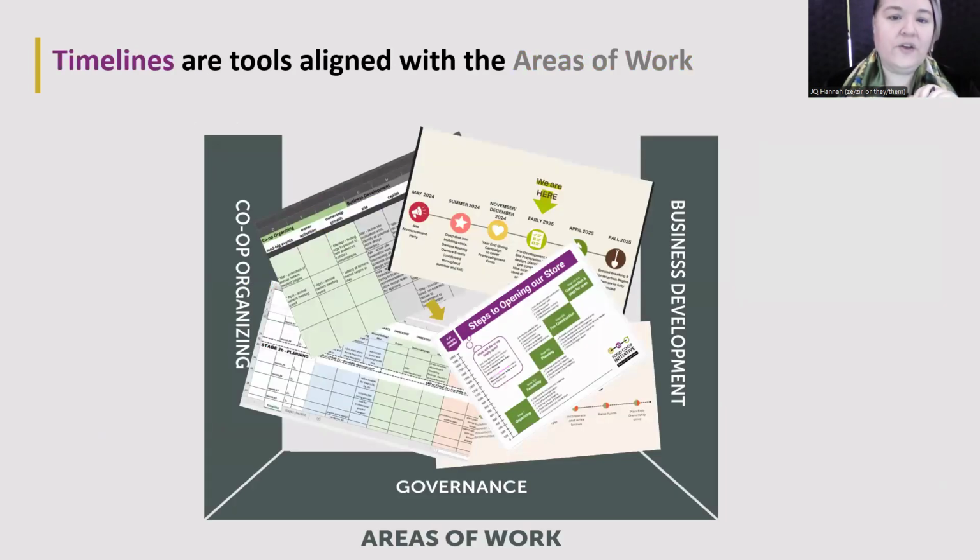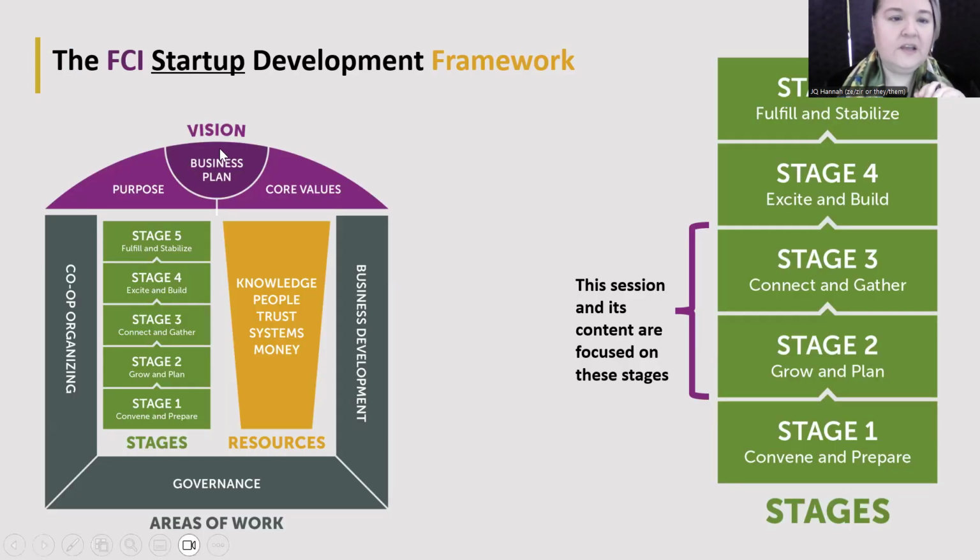Timeline tools, then, where do they fit in what we do? I'm actually going to go back for a second and say, there are 4 pieces to the development framework. The vision is the reason we have our co-op, our core values, and the business plan to meet it. It's the thing we're driving toward at all times.